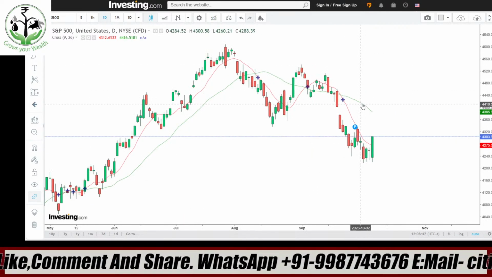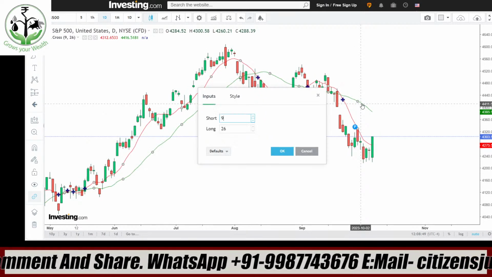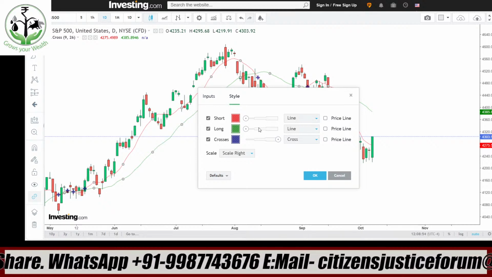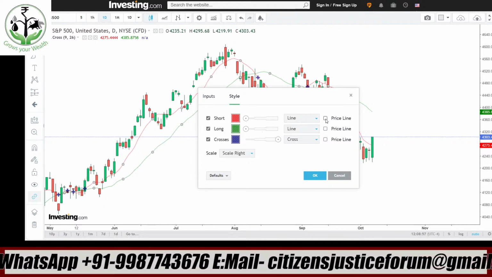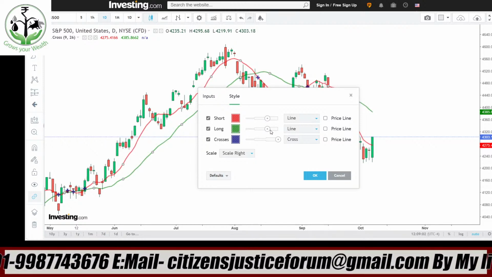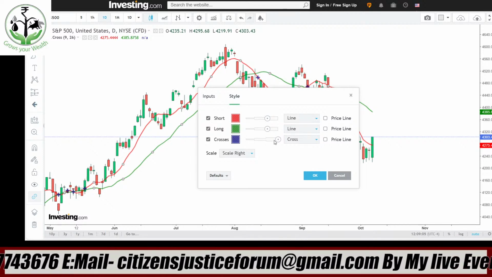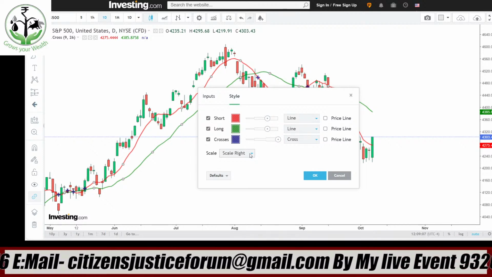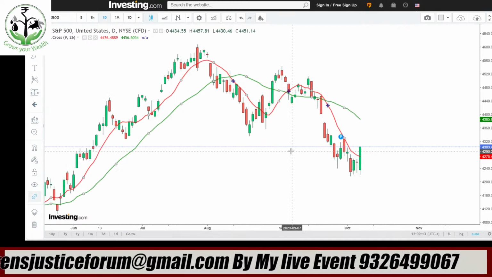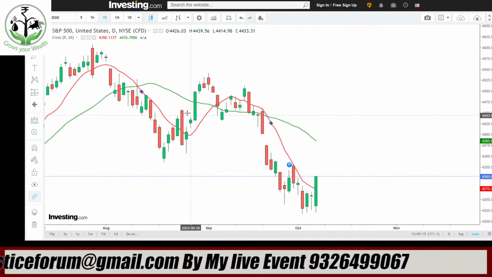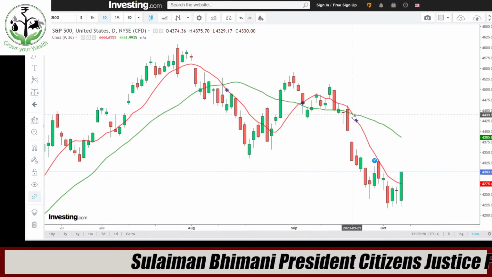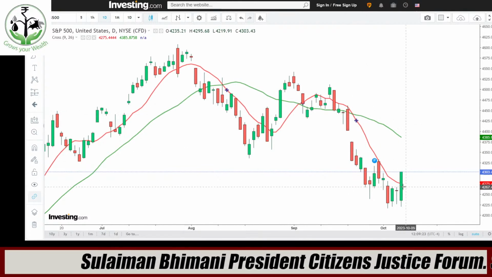Now, if you see this, because it will be very difficult for you to see the lines, I'll make this line thicker. So now this has become a thicker one. So there are two averages which have crossed, right? And from here I get a clue that the trend is downtrend.